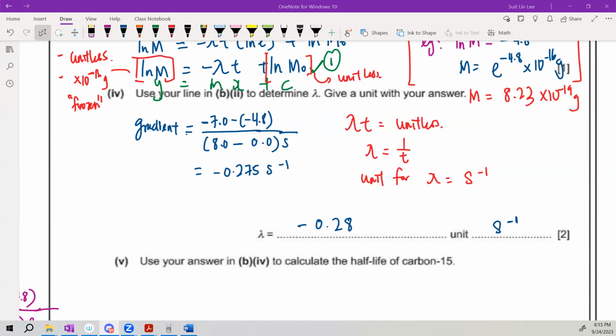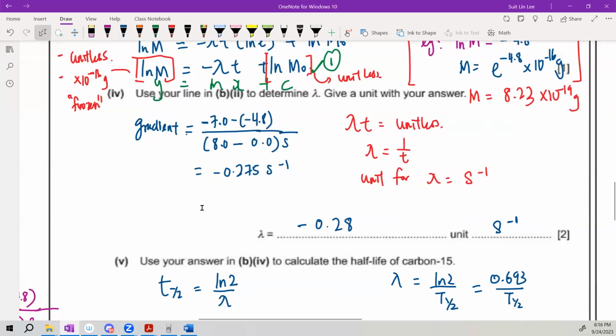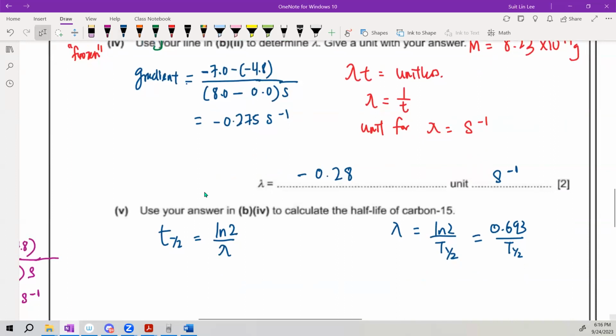Okay, next, use your answer to calculate the half-life of carbon-15. Well, T half would be ln 2 over lambda, because lambda is ln 2 over half-life, or 0.693 over half-life. You can copy from the formula page if you want to.